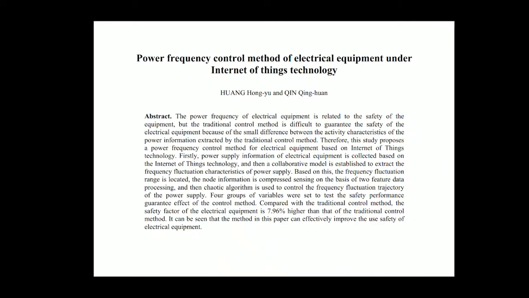Power frequency control method of electrical equipment and the Internet of Things technology.